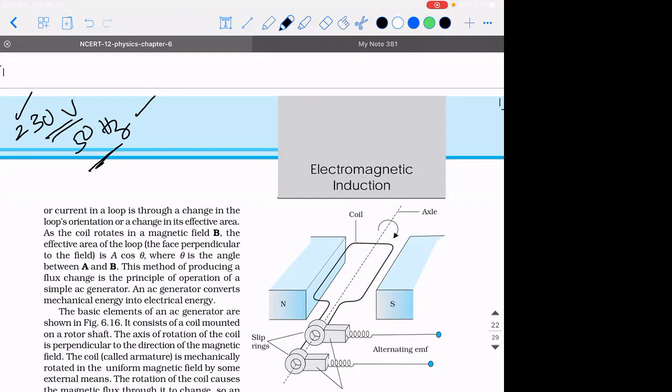It is not mainly about relative motion. When there is a change of something with respect to time, a change in flux, that is more important. You should not use the word relative motion. When there is a rate of change of magnetic flux taking place, then EMF is generated.